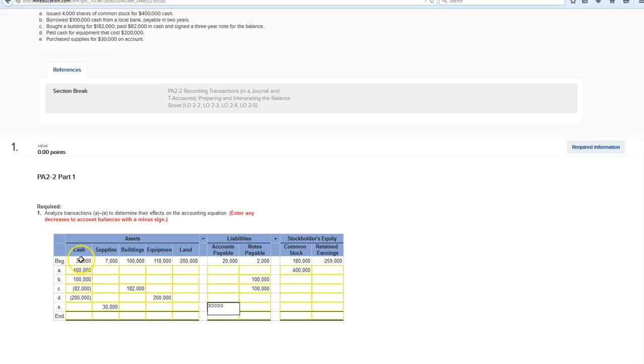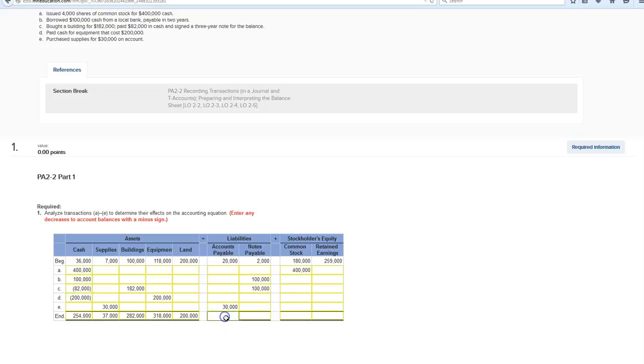If we total down, including the beginning balances, cash totals $254,000, supplies $37,000, building $282,000, equipment $318,000, and land $200,000.